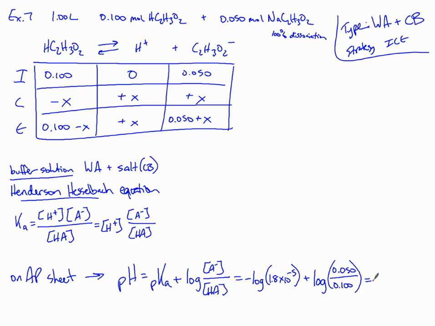And putting all of this into the calculator, you would end up with the same number. And once you know how to use the formula, it's less work. It's going to take some practice. Until then, we will continue with ice boxes and the equilibrium expressions.